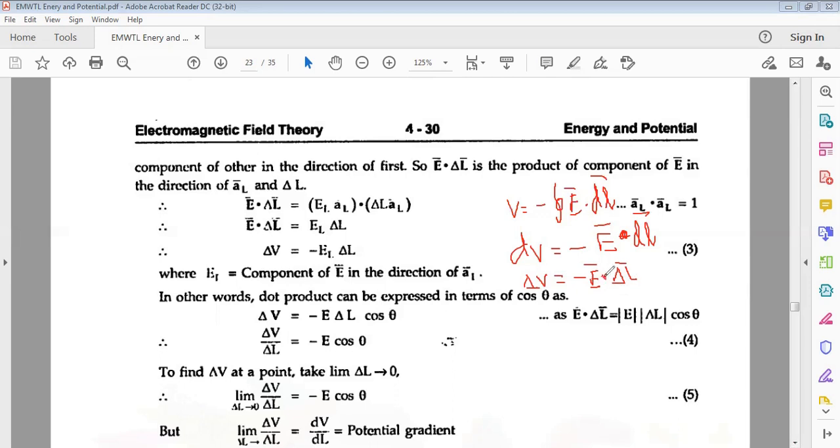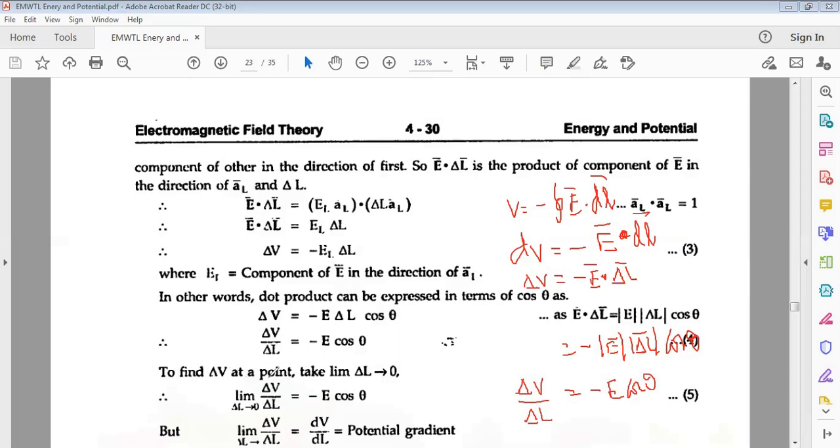Now apply the dot product here. The formula for the dot product is the magnitude of E bar and the magnitude of delta L bar and cos theta. And delta V by delta L, taking delta L here, is minus E into cos theta.